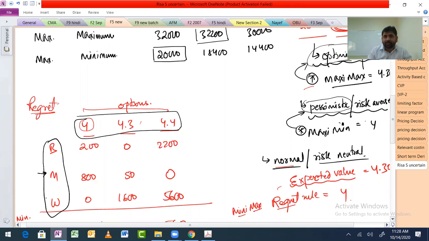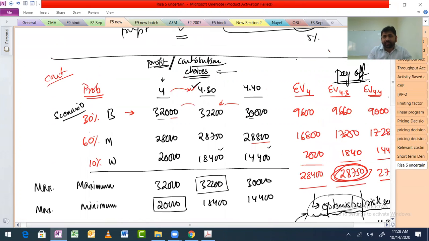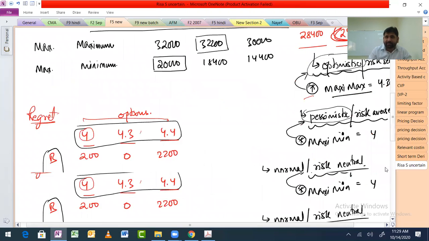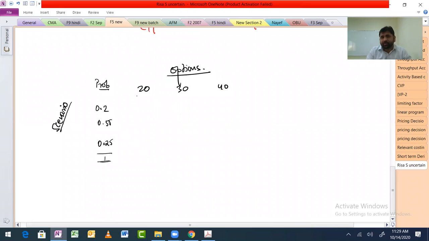So that is how a payoff table is made. These are your choices, and these are best, most likely, and worst. These are the market scenarios. Now, the probability of this is 30, 60, 10. Are we fine with that? Now, similarly, if I ask you here the options, you said 20, 30, 40, fine. So what is the scenario? You started giving me the probability. Try again.